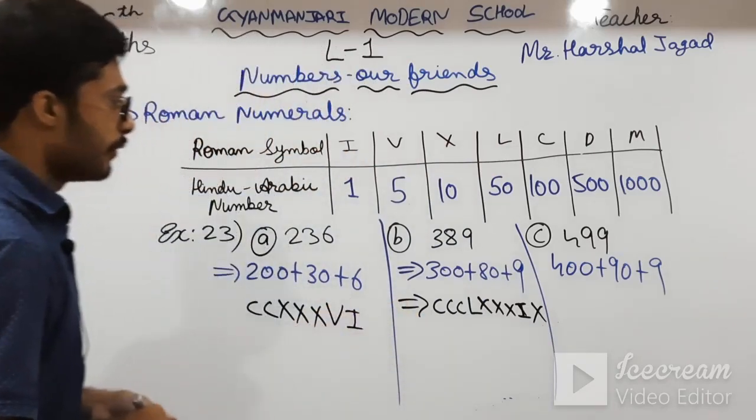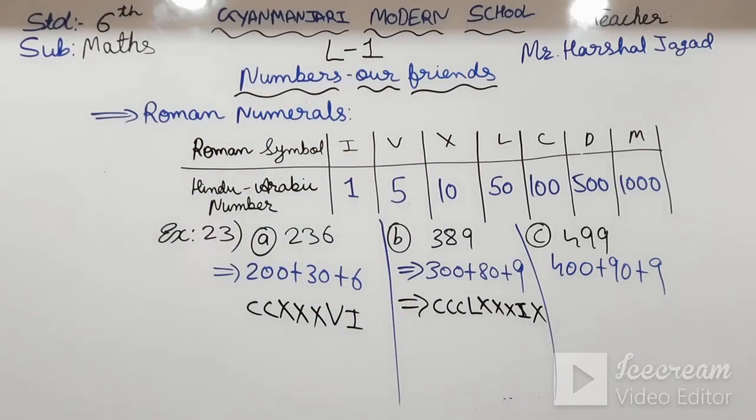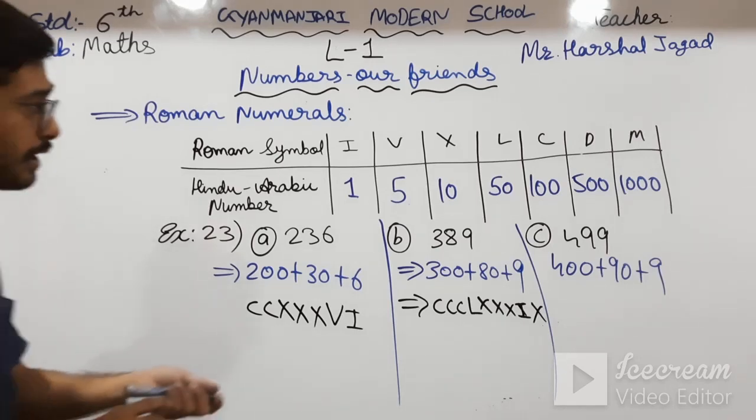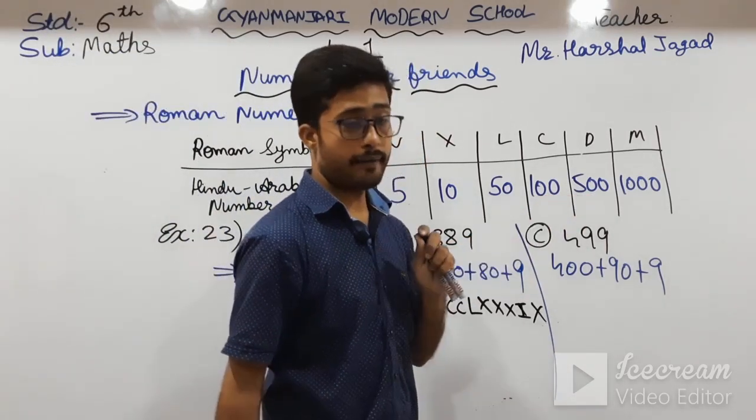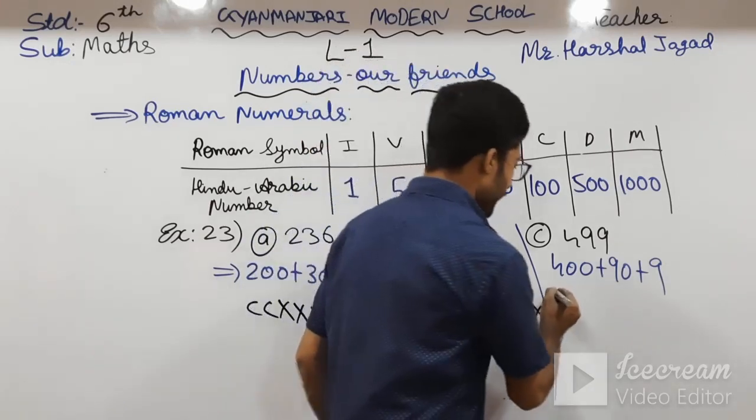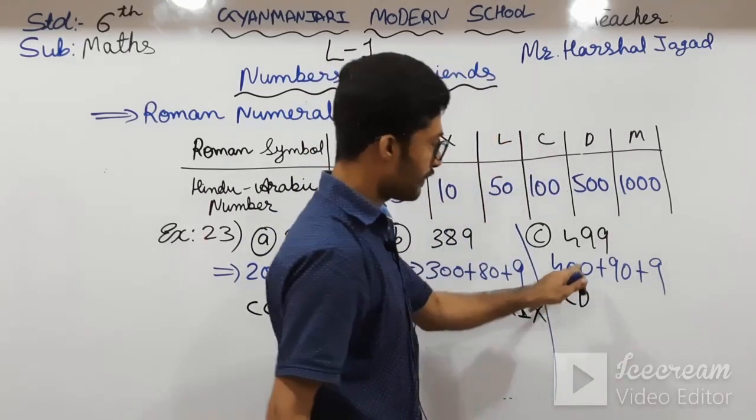Okay students, do it on your own first of all. How can we write 400, students? 500 minus 100. We can write 400 that way. So here CD, that is 400.